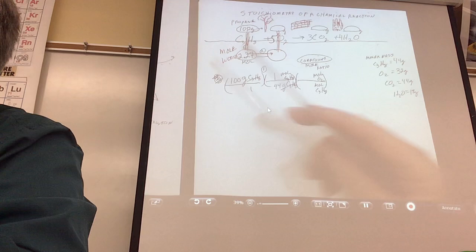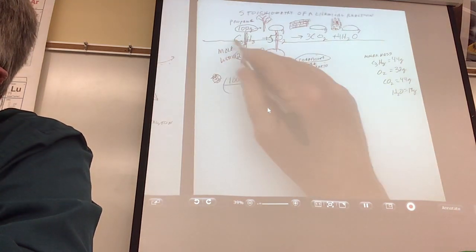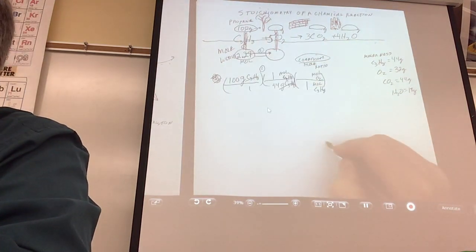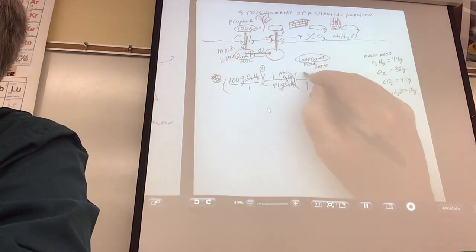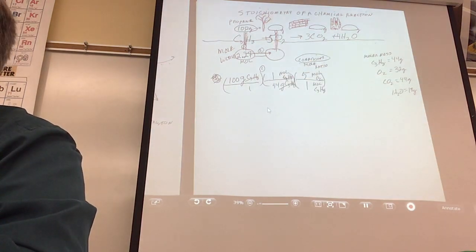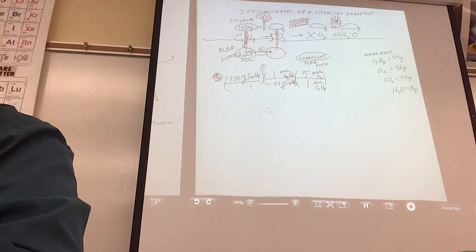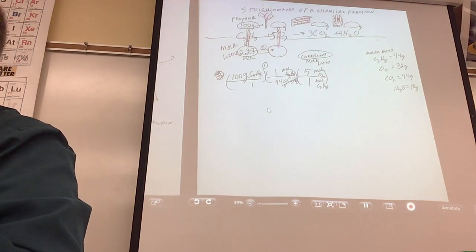And that's why it's called a mole ratio. Watch this now. For every 1 mole of propane, you must have how many available? You must have 5 moles of oxygen to completely react with it. Oh, that's what the coefficients are for.